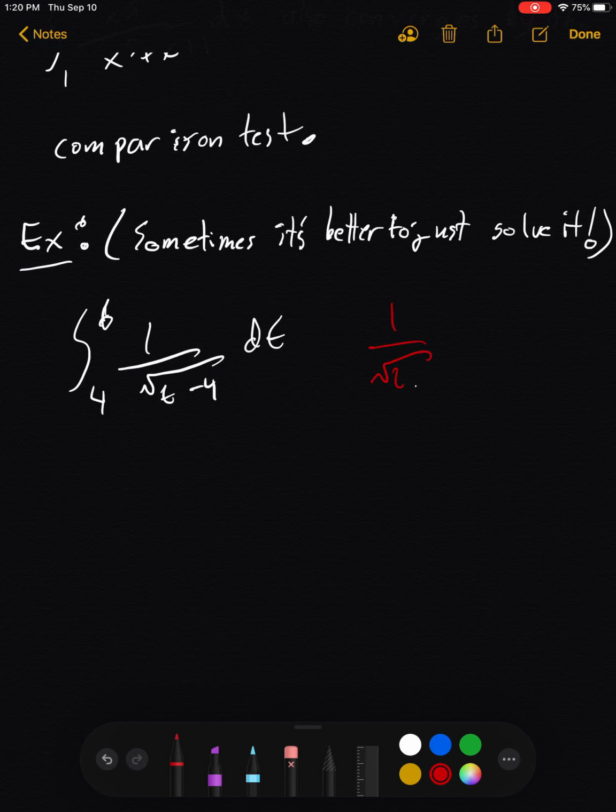Note that 1 over the square root of t minus 4 is very close to 1 over the square root of t. But the problem is that 1 over the square root of t minus 4 is in fact greater than 1 over the square root of t, because we're subtracting, not adding, so the denominator is getting smaller, making the thing bigger.